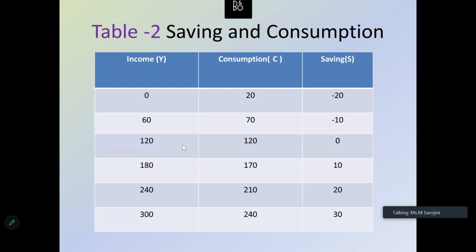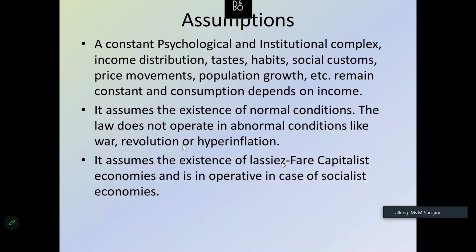Now you calculate the MPC for the set of 180 to 260, 170 to 210. How much? 0.6. What is explained here? The MPC declines as income increases.